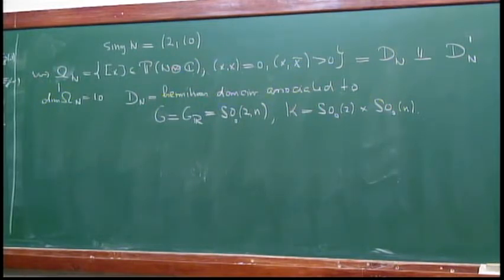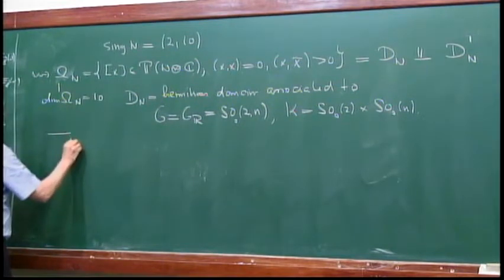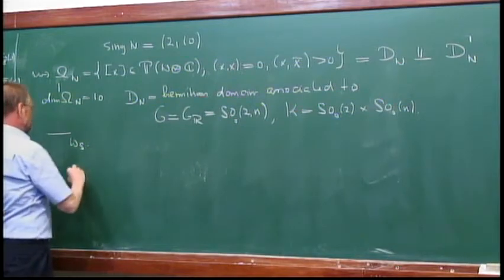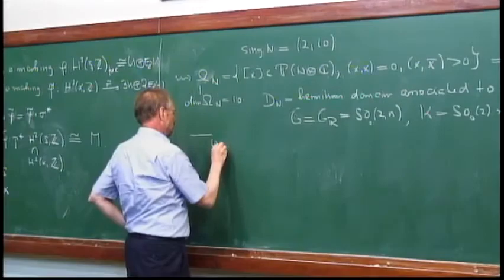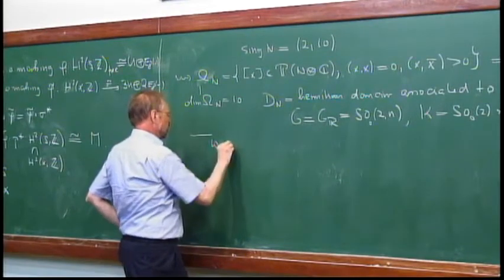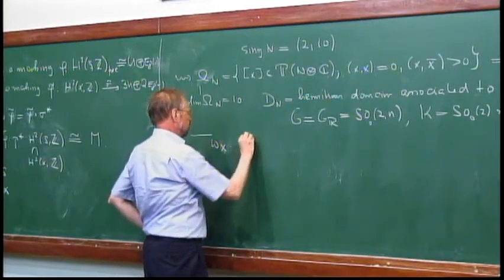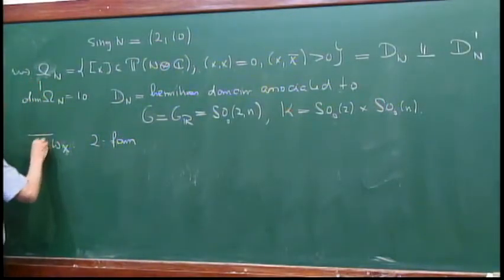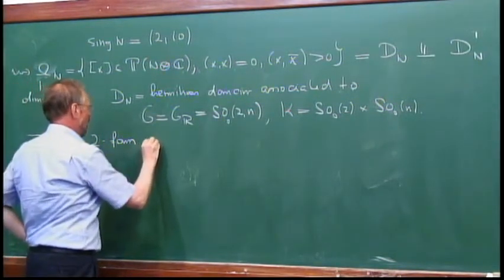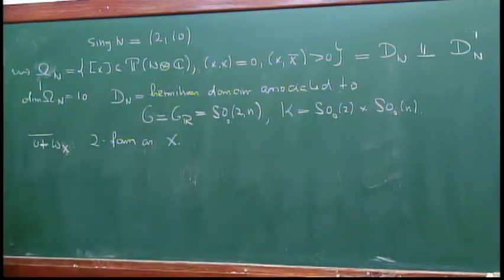Okay, now let's say we have on X, let that be omega X, the non-zero 2-form, unique up to scalar on X. Now I have the covering, and I can ask what the covering map does to this 2-form.